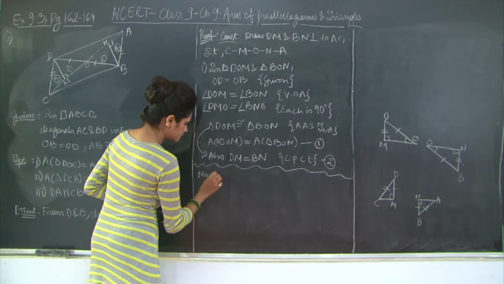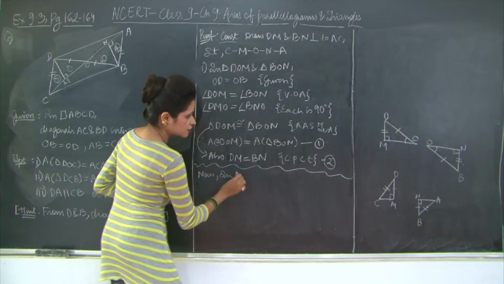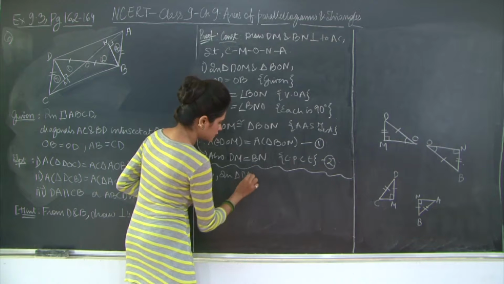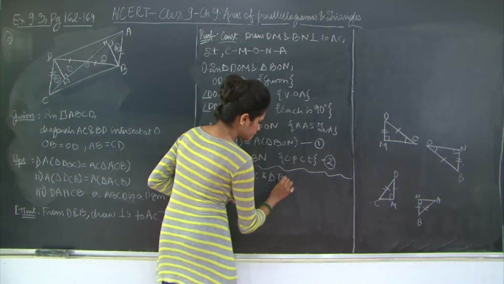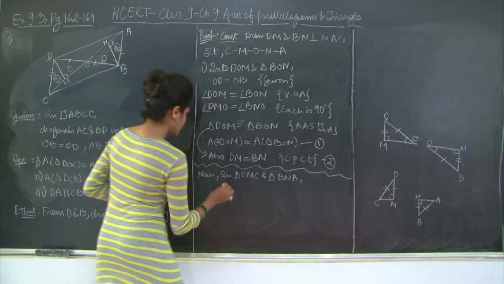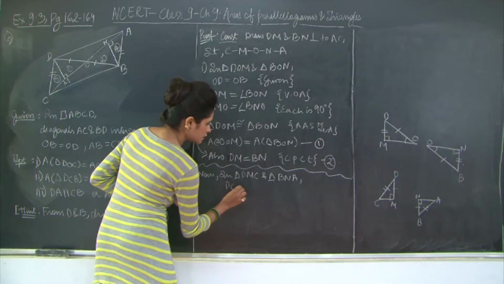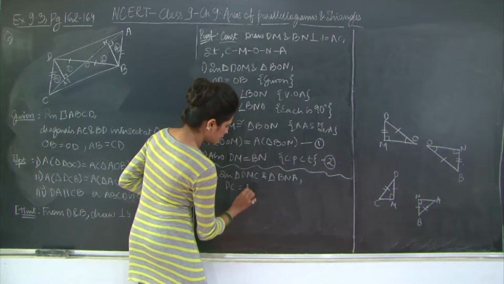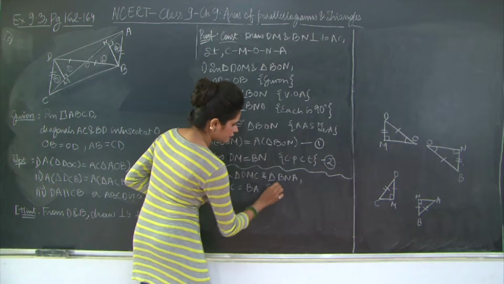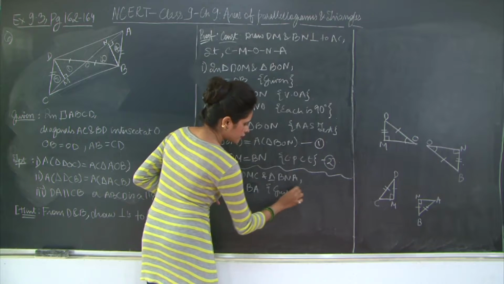Now in triangle DMC and triangle BNA, I have DC is equal to AB. This is given, right?